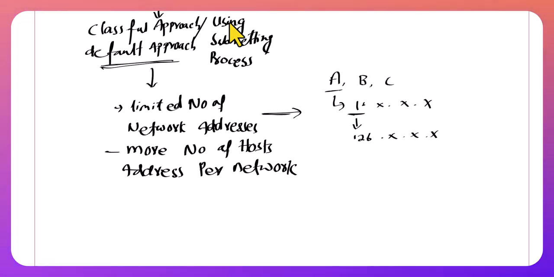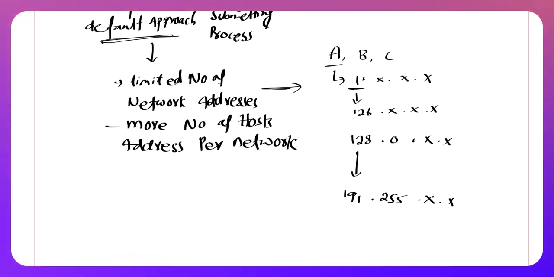Class B starts from 128.0.x.x and goes up to 191.255.x.x.